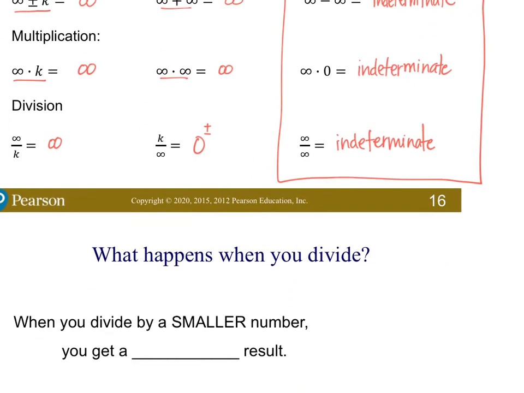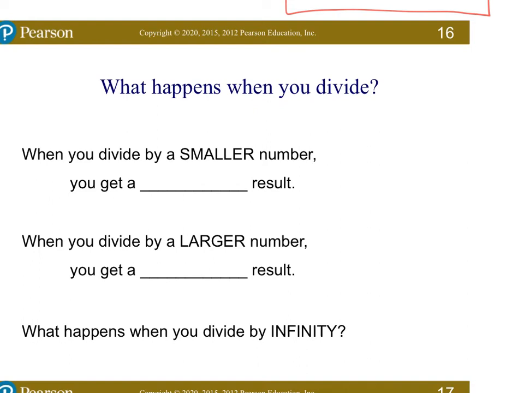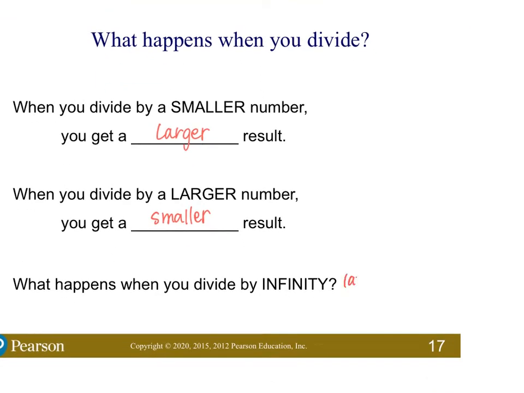So here's the overall picture. When you divide by a smaller number, you get a larger result. When you divide by a larger number, you get a smaller result. So what happens when you divide by infinity, which is the largest number? Then we should get 0, either plus or minus, which is the smallest result possible.